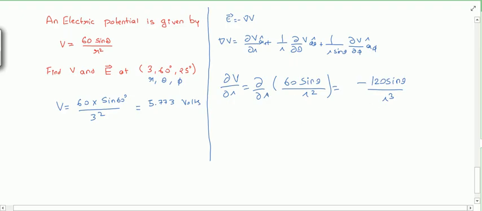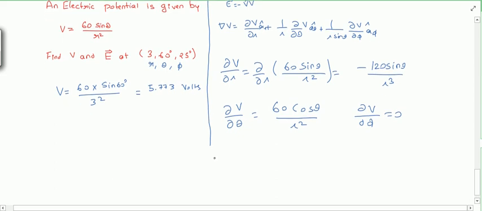This will be the value for the R component. Now let's find del V by del theta. 60 by R squared will come out, and with respect to theta it will be 60 cos theta divided by R squared. There is no phi component, so del V by del phi becomes 0.